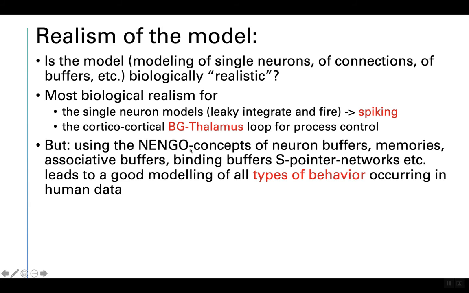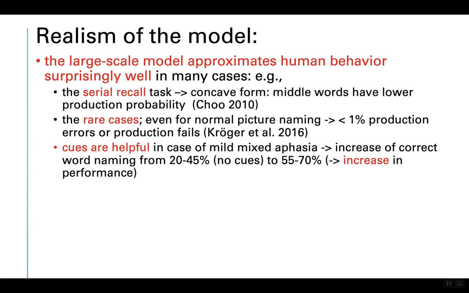And the NENGO concepts for neuron buffers, memories, associative buffers, binding buffers, and S-pointer networks are developed to a very high degree, and we have seen that this leads to a good modeling of all types of behaviors which may occur in human data. So, the large-scale model we have introduced here approximates human behavior surprisingly well in many cases.